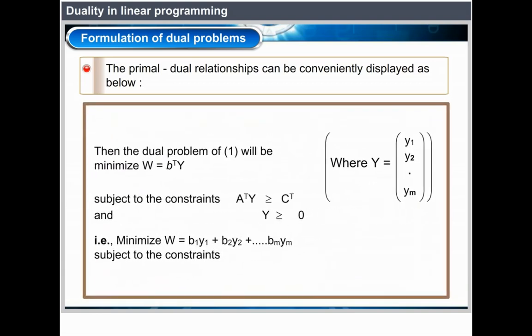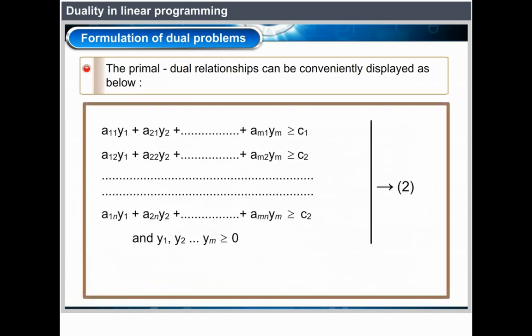Then the dual problem of 1 will be minimize W equal to B transpose capital Y, where capital Y equal to Y1, Y2, etc. Ym, subject to the constraints capital A transpose capital Y greater than or equal to capital C transpose and capital Y greater than or equal to 0, that is, minimize W equal to B1Y1 plus B2Y2 plus etc. BmYm, subject to the constraints A11Y1 plus A12Y2 plus etc. Am1Ym greater than or equal to C1.